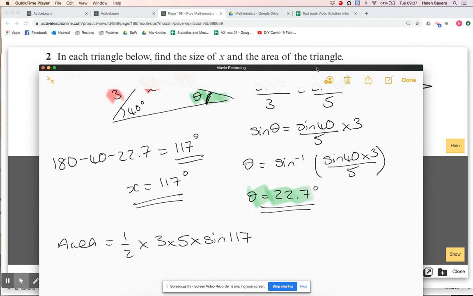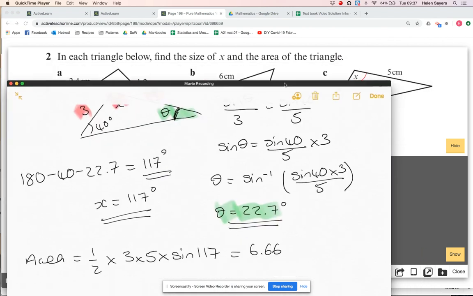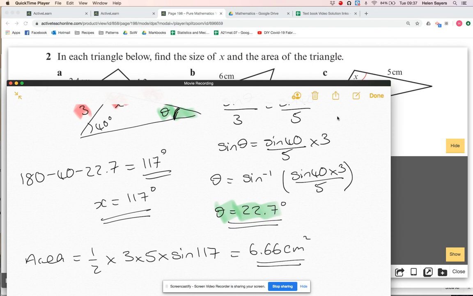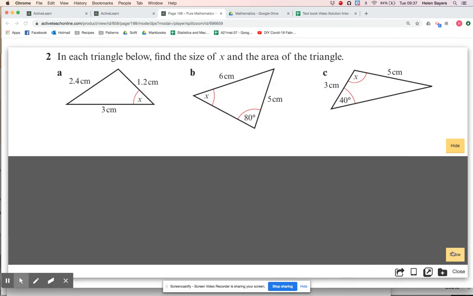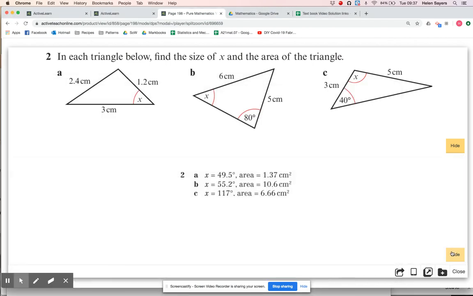Again, I haven't cleared the 117 from my calculator, so I'm actually using a more accurate value in that. And that gives me an area of 6.66. Yeah, it's in centimetres squared. Okay, let's just check those last two, 6.66 and 117. Fantastic.